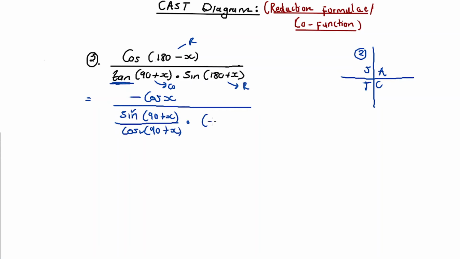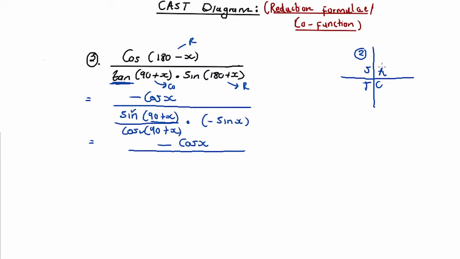In the third quadrant, sine is negative, equal to, now let's work out what these co-ratios are. So on the numerator, it's still the negative cos x, and then sine 90 plus x. The 90 plus is the co-function.